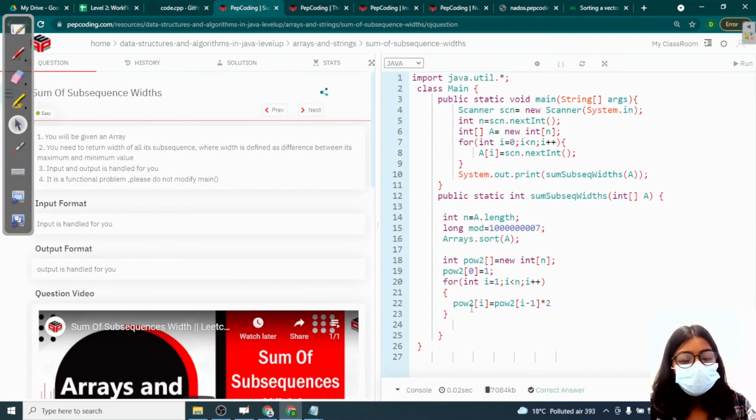I was writing correct. So I have to mod this with my mod.